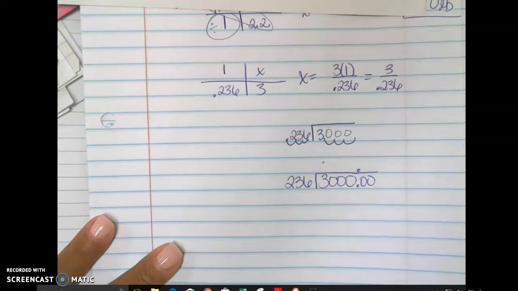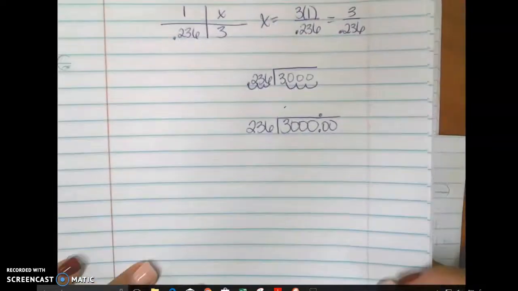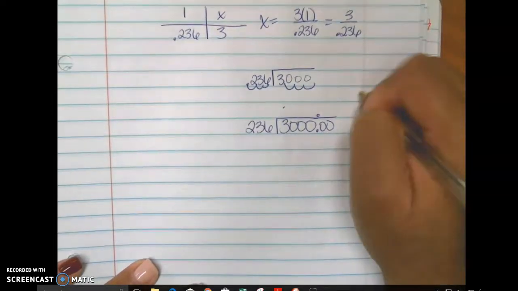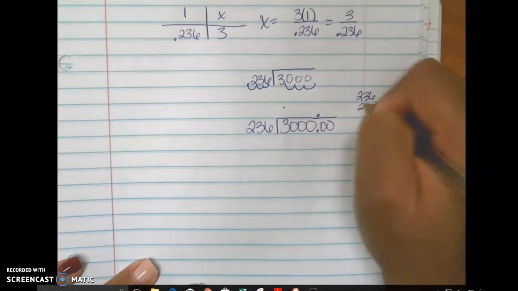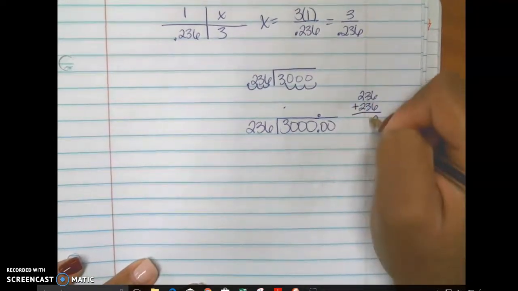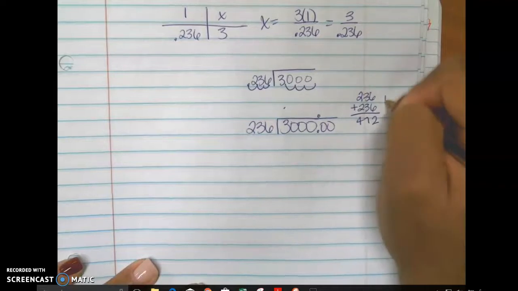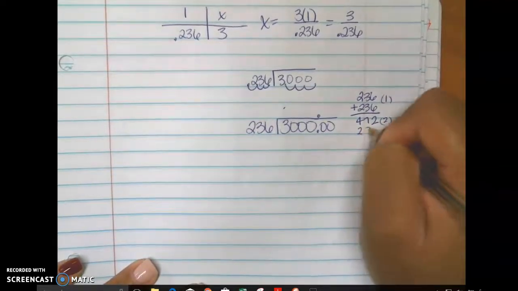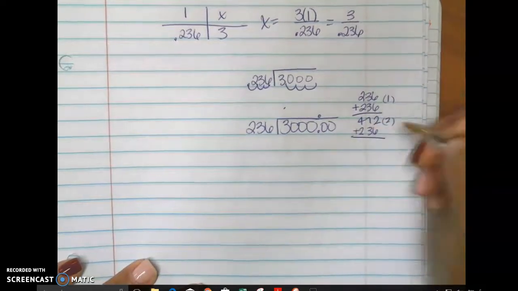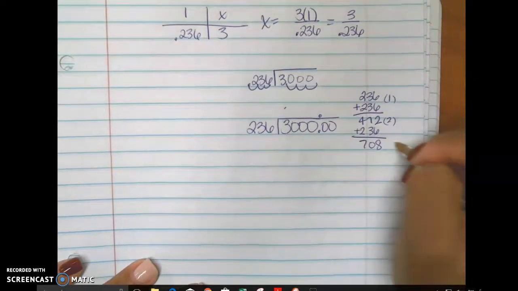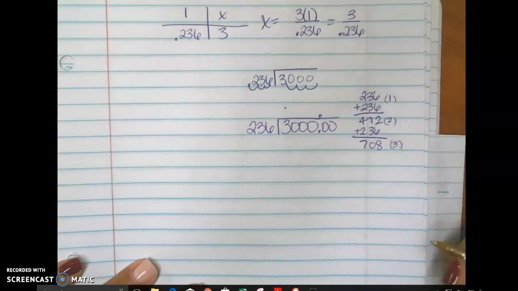Now, in order to help me do the long division quickly, what must I do? Write down your multiples. So, 236 plus 236. 12, carry the 1. 7, 4. This is one multiple. This is the second. Plus another 236. 6 plus 2 is 8. 10, carry the 1. 708. This is 3 multiples.